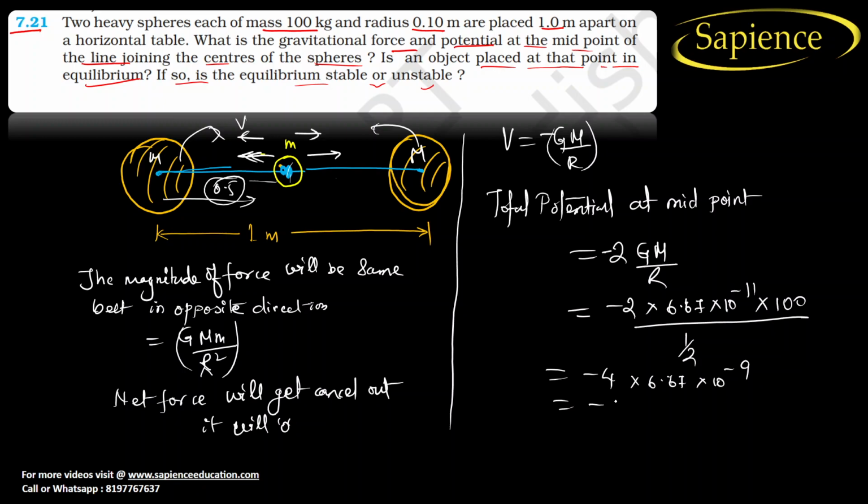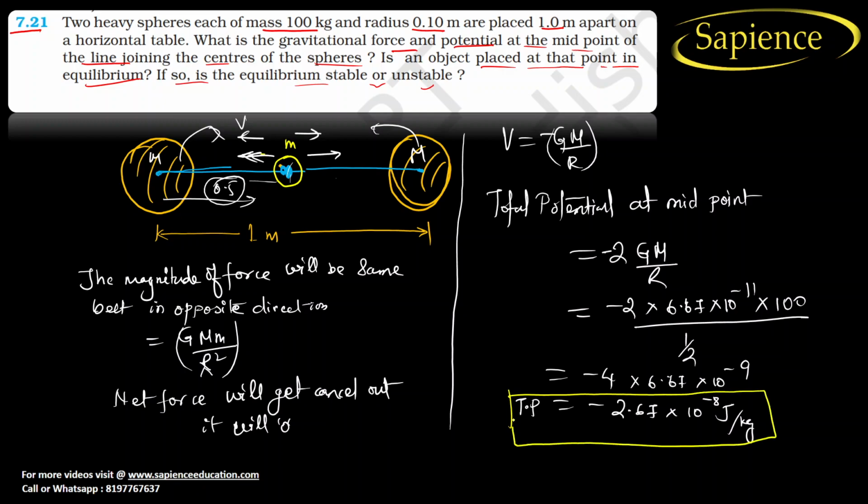When we calculate it properly, this will be minus 2.67 into 10 to the power minus 8 joule per kg. So this is the total potential. I hope you have got this.